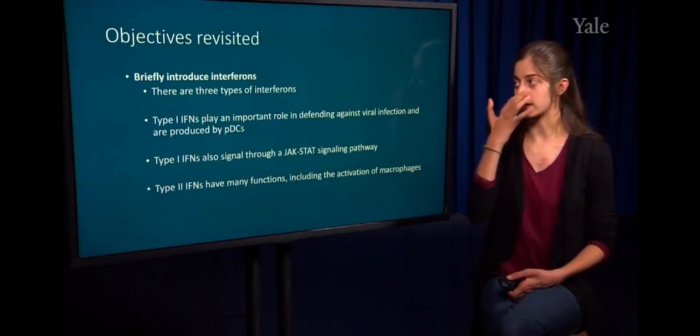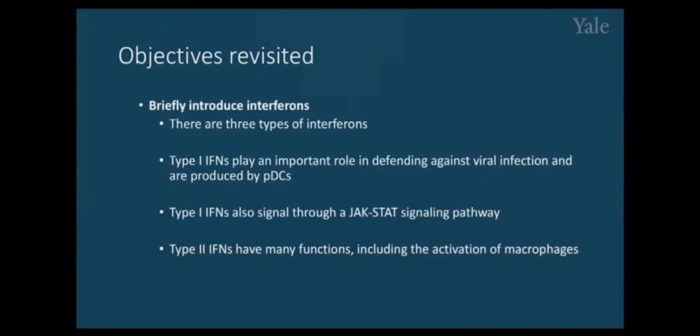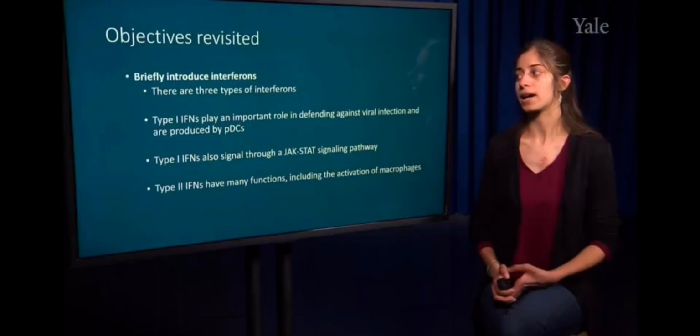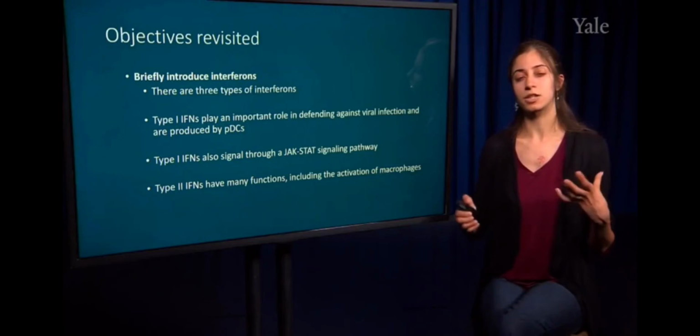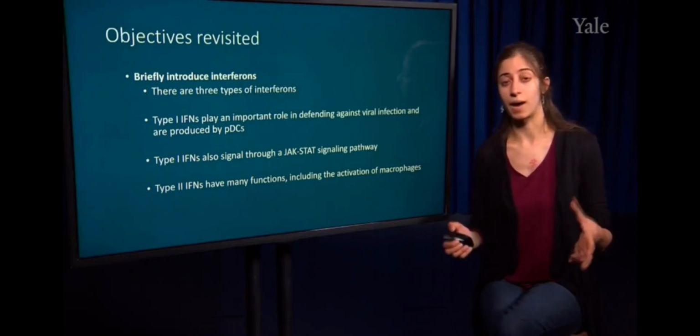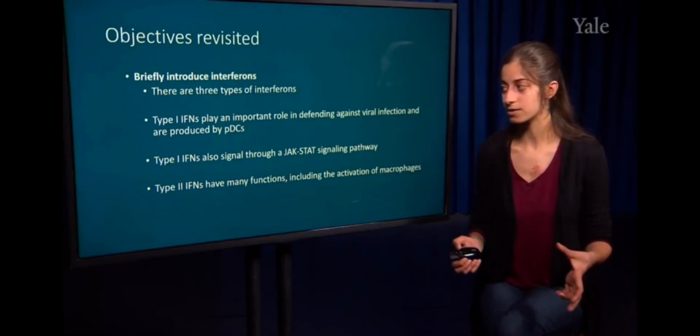For our final objective, we briefly introduced interferons. We know that there are actually 3 different classes of interferons, though we discussed mostly just type 1 and type 2 today. We learned that type 1 interferons play an important role in defending against viral infection, particularly through the production of interferons by plasmacytoid dendritic cells.